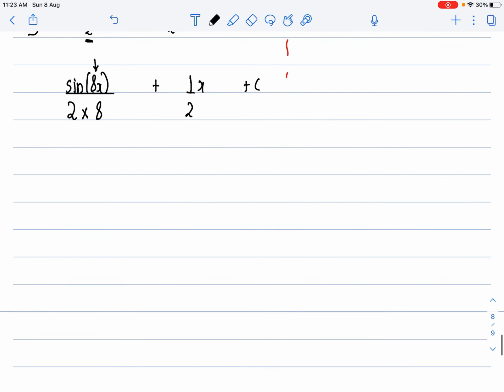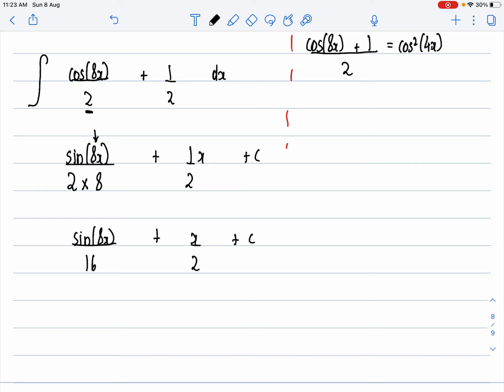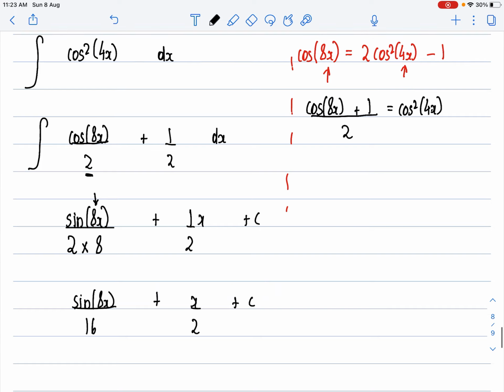So I can simply write this as sine 8x divided by 16 plus x over 2 plus c. Correct? So this is basically the final answer. Okay, so this is basically what you need to know.